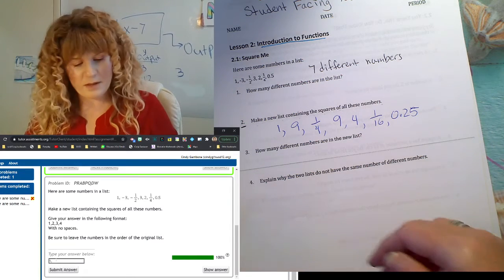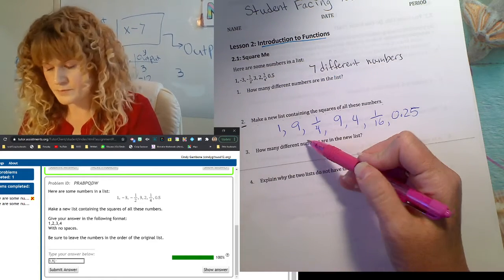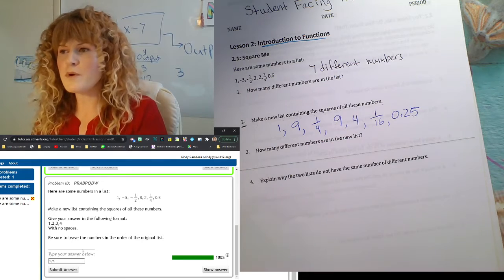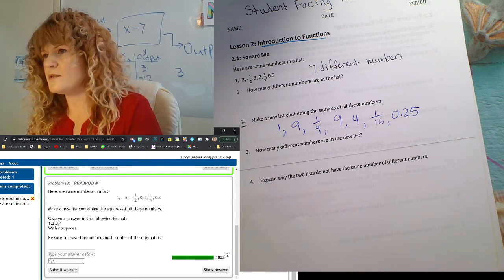1, comma, you can see me typing it in on my screen. 9, comma. For 1/4, type it in with a dash. Let me zoom in so you can see it.